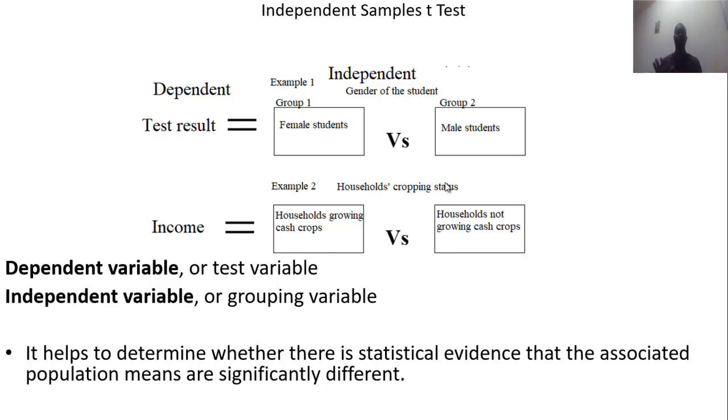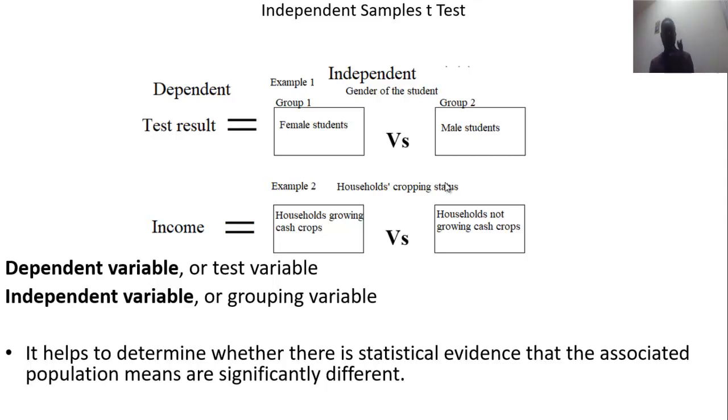Okay, let us assume that the dependent variable is continuous and the independent variable is also continuous. If that happens, then you cannot run an independent sample t-test. In this case, you can run simple linear regression.